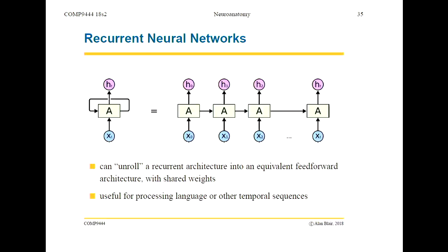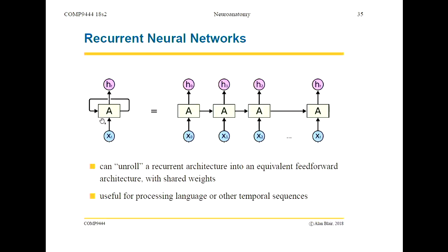Crudely speaking, with language processing, you have a sequence of words coming in one after the other, whether it's words, letters, phonemes or morphemes or whatever. Let's say it's words. So you get one word and then the next and then the next, and the meaning of the sentence may depend on the whole sequence of words.